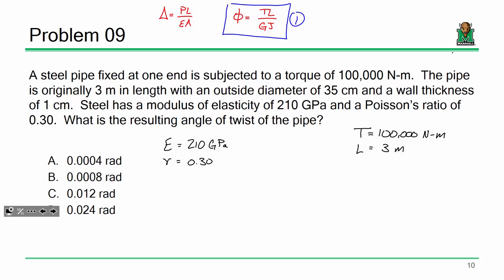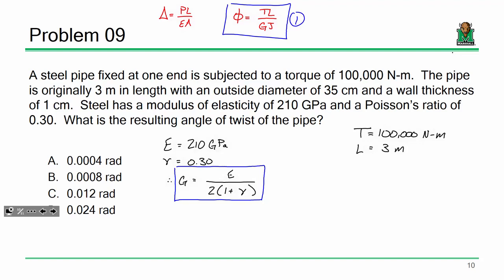The second formula I challenge you to find is how you compute G. You compute that by taking E divided by 2 times 1 plus nu. We covered that in finite elements, didn't we? Did I show you all that in finite elements? I can't remember if I did or not. All right, that's formula number 2. I challenge you to find this one.